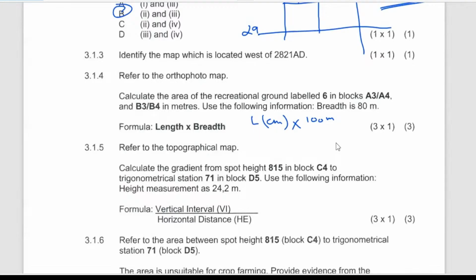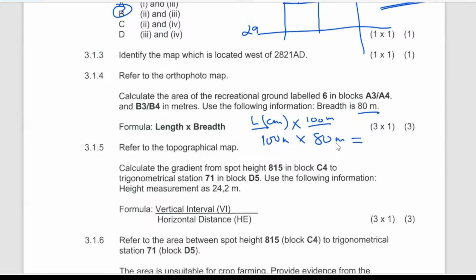As for your width, it's already been given for you. Your breadth is already in meters, so you only need to convert your measurement to meters. According to our calculation here, I've got the length as 100 meters, which is multiplied by 80 meters.